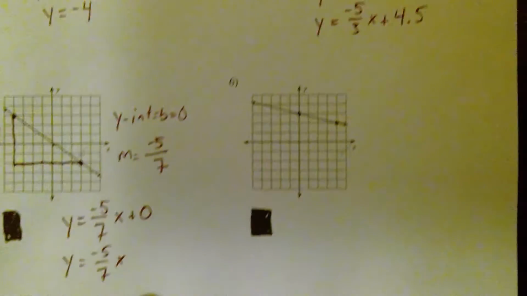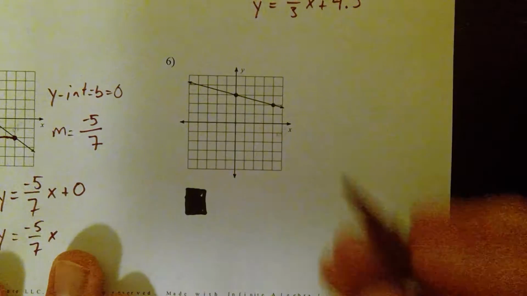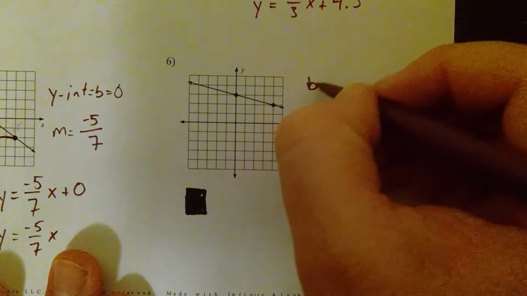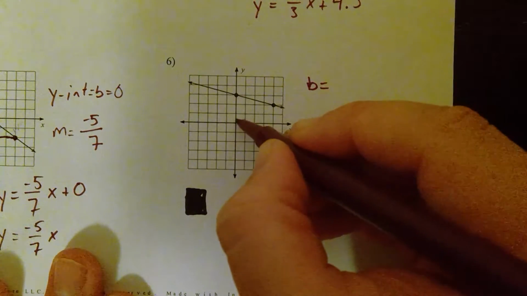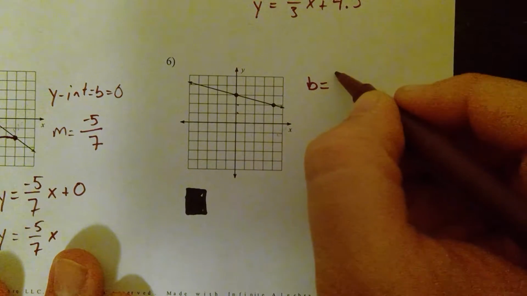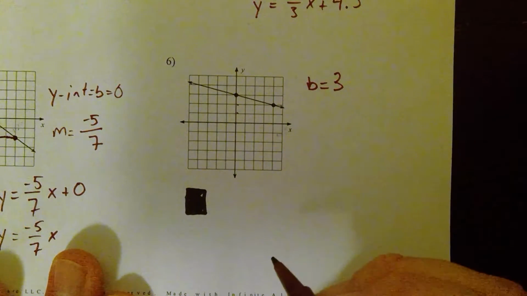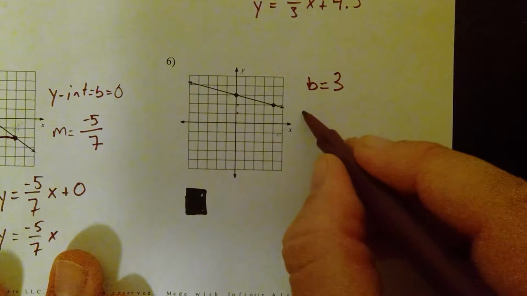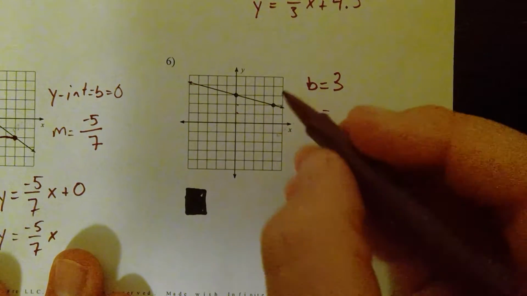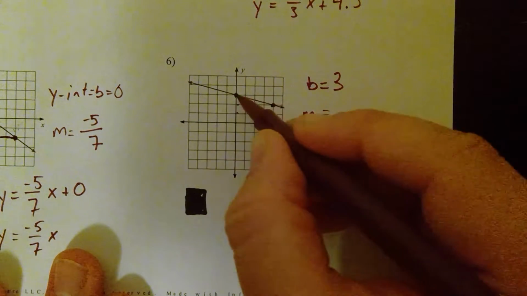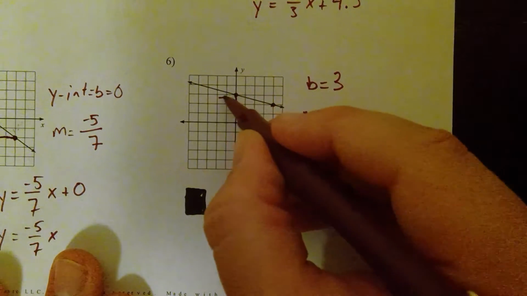Okay, let's take a look at number 6. So let's find our y-intercept first, what that b value is. So 1, 2, 3. We went up 3. So our y-intercept is 3. Let's find our slope. Make our slope triangle. So here's my 2 points. So I go down 1. That's minus 1.